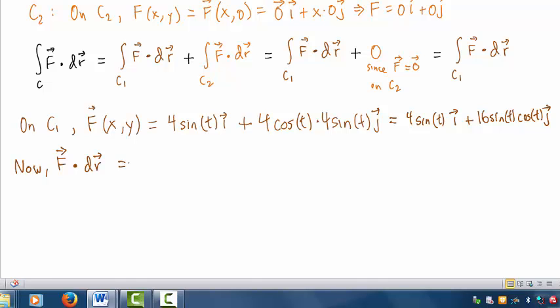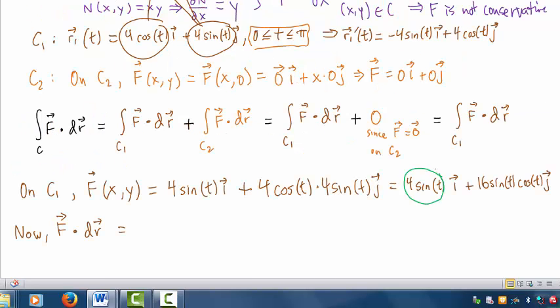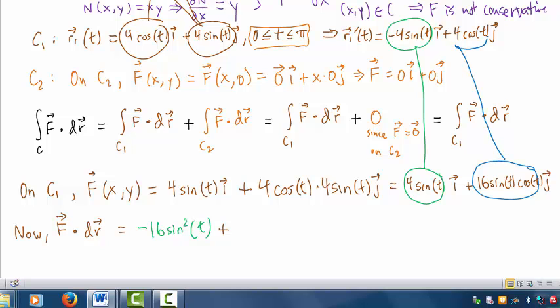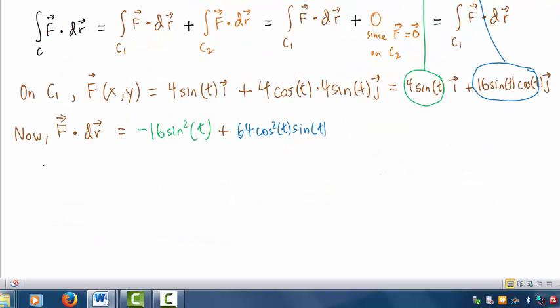And F dot dr is the following. We multiply the i component of F with the i component of r prime. And we add the j component of F times the j component of r prime. So therefore, this is how the line integral shapes up.